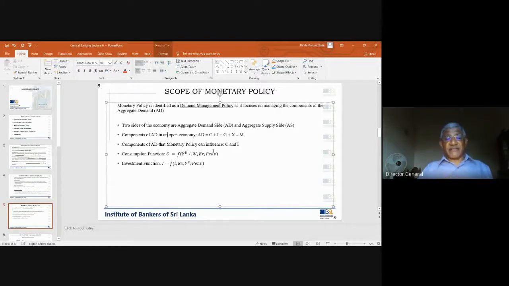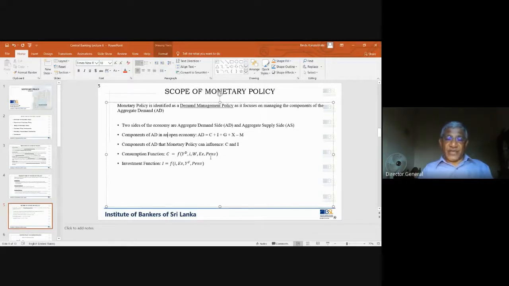Whatever the government introduces, some policies can make people a little bit comfortable or worried. If it is comfortable, they tend to consume more. If they think the situation is going to deteriorate, they tend to spend less. So that is the policy environment.